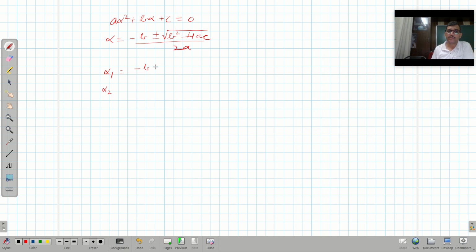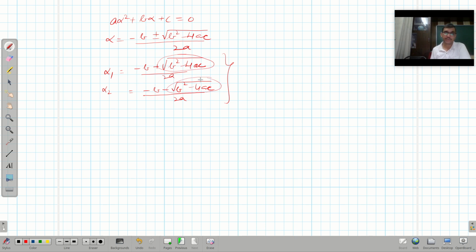One value is minus b plus square root of b square minus 4ac over 2a. Similarly, alpha 2 is minus b minus square root of b square minus 4ac over 2a. So these are the two possible values, but here this term is a little bit more tricky.